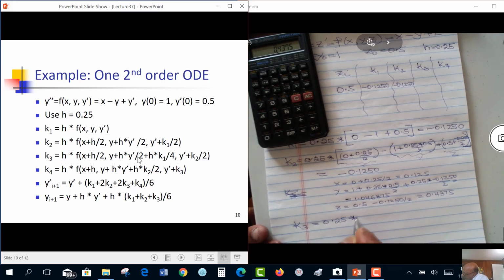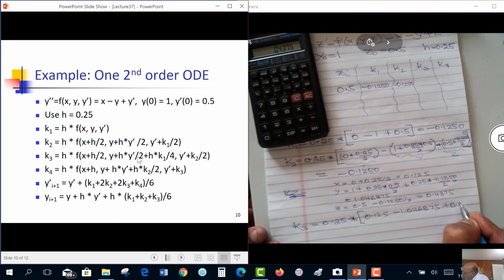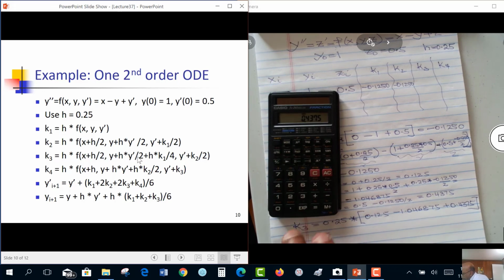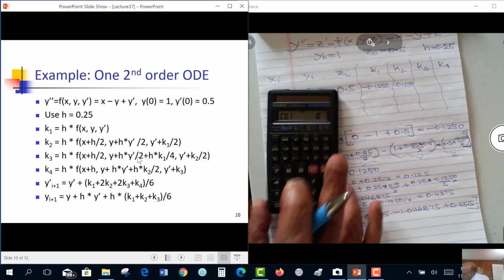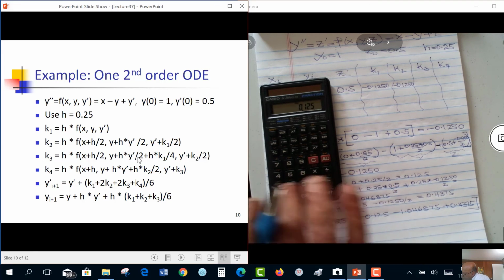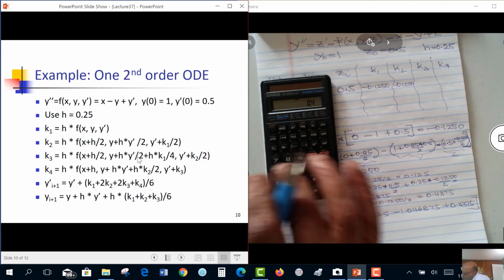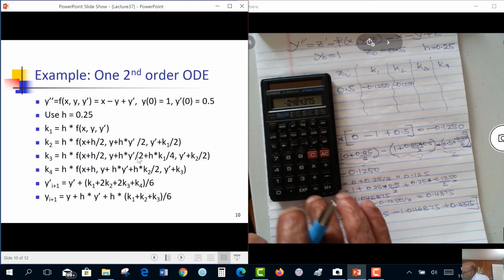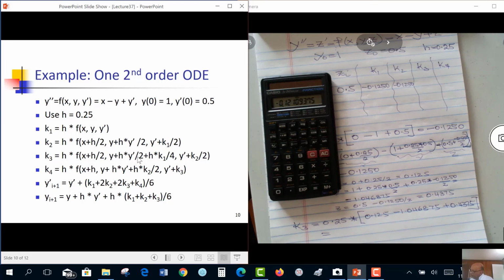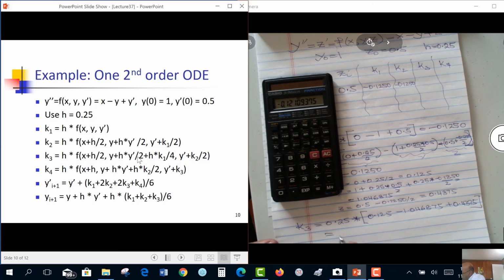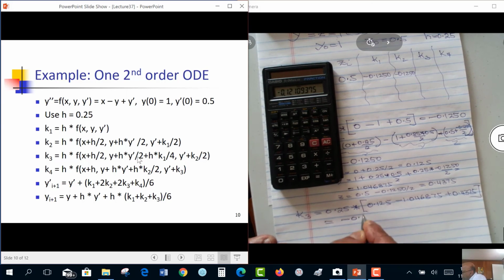0.25 times X minus Y plus Z. So we will get K3 would be minus 0.1230.